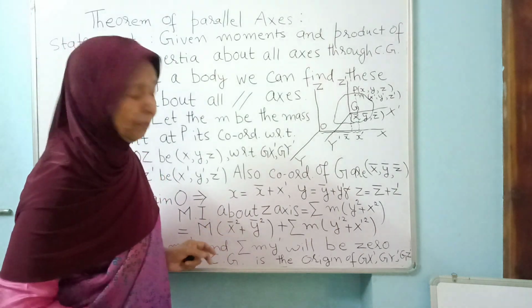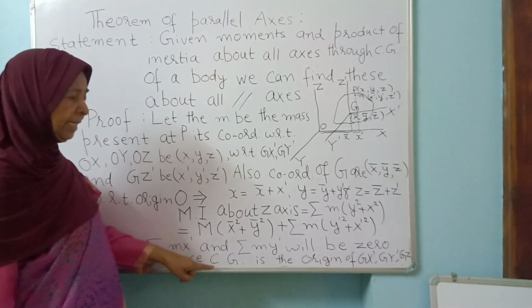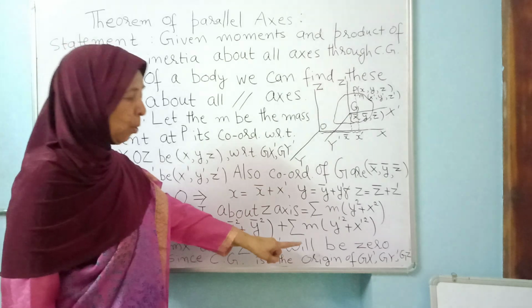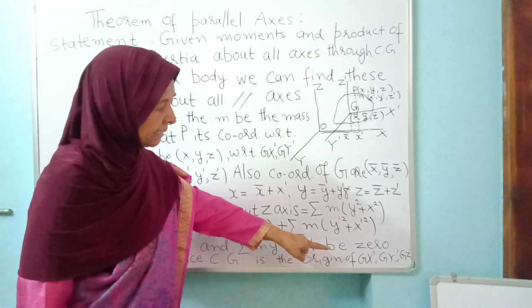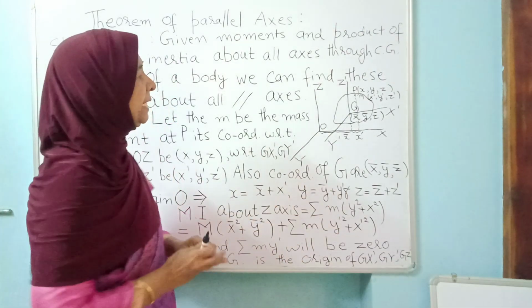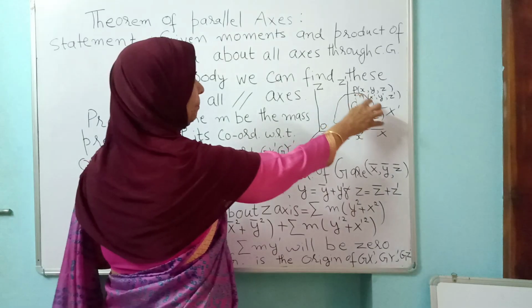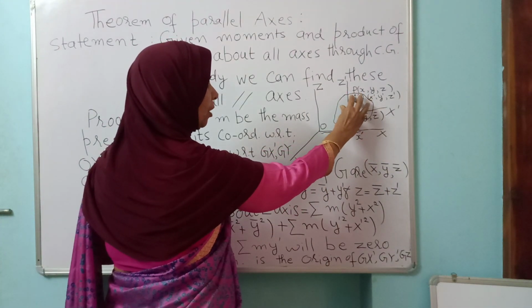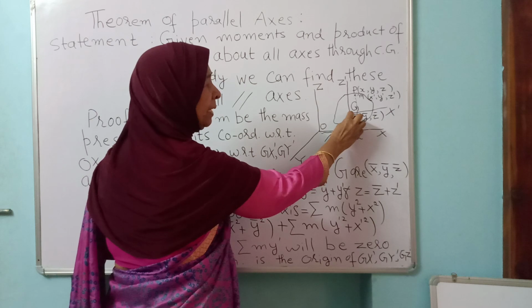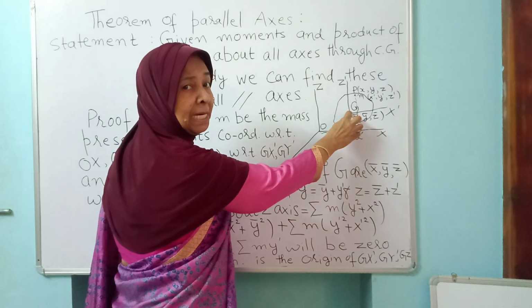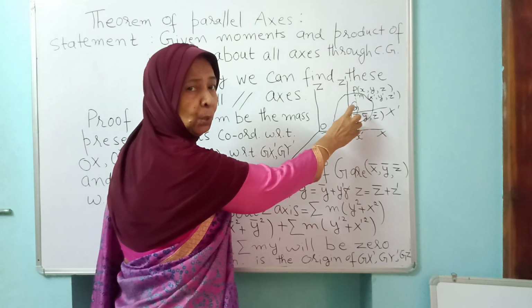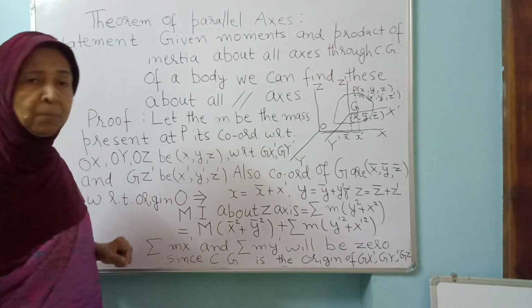So the product terms will vanish since the center of gravity is the origin of gx dash, gy dash, gz dash. You know, the CG of this body about this very point will be 0, 0, 0. So you know the formula for CG.